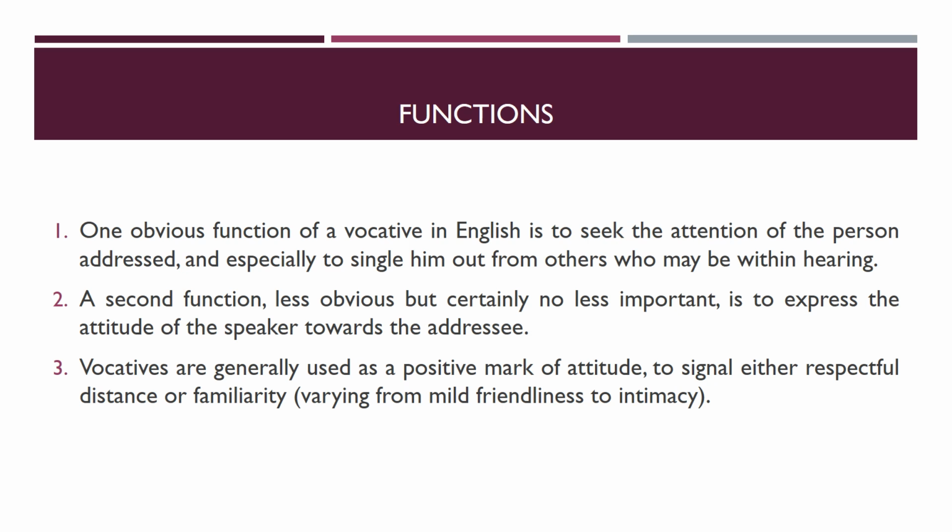Number one, the most obvious function of the vocative in English is to seek the attention of the person addressed. So we add the vocative element to the sentence in order to attract the attention of the people to whom this sentence is said, and especially to single him out from others who may be within hearing.